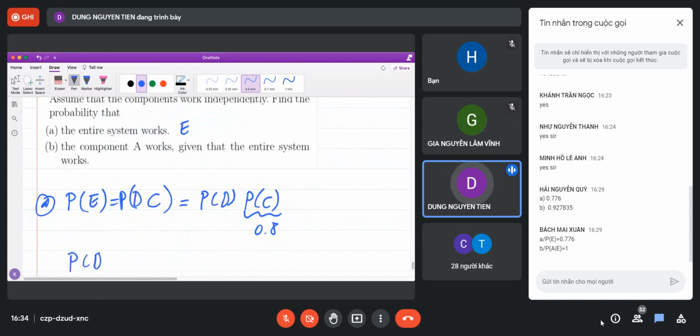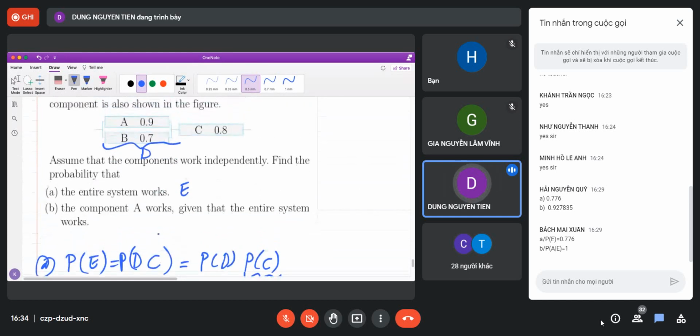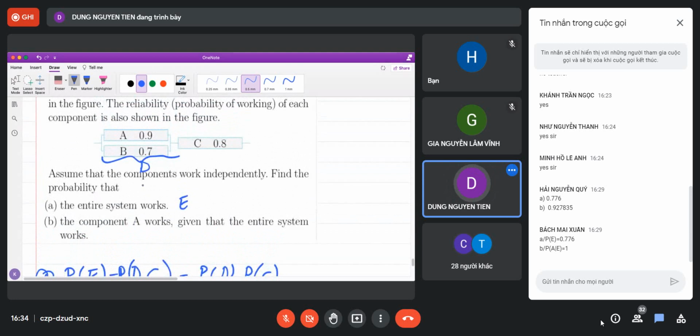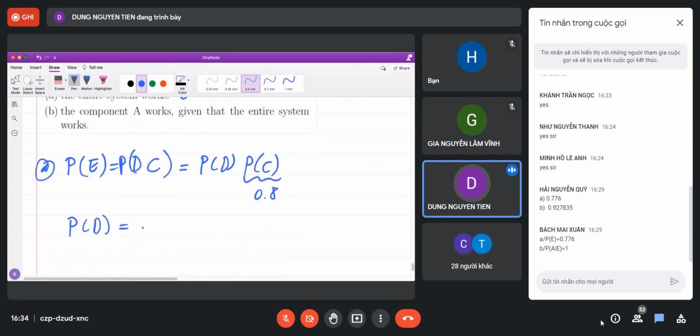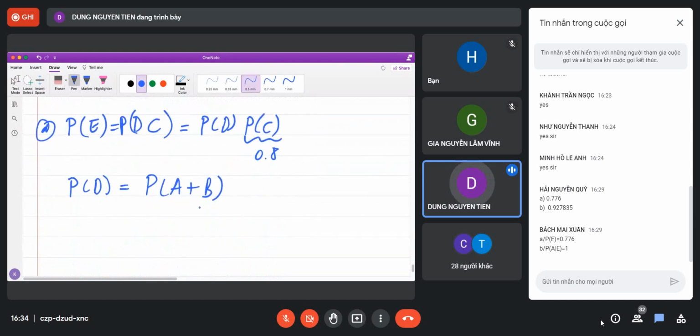The probability of D is simply the probability of A or B, correct? Then you use the addition rule to get the probability of A plus the probability of B minus the joint probability AB.